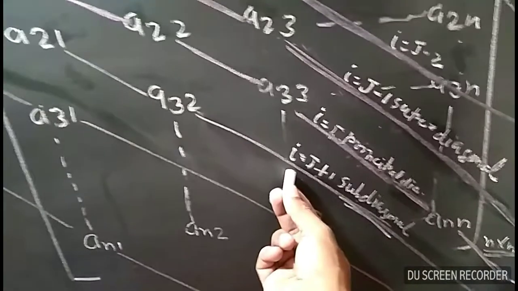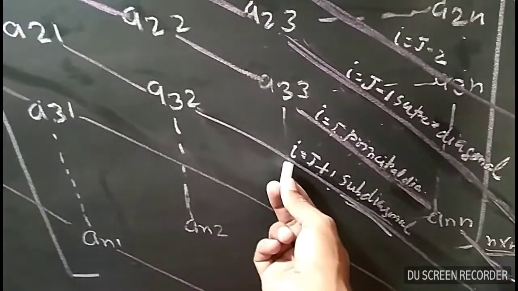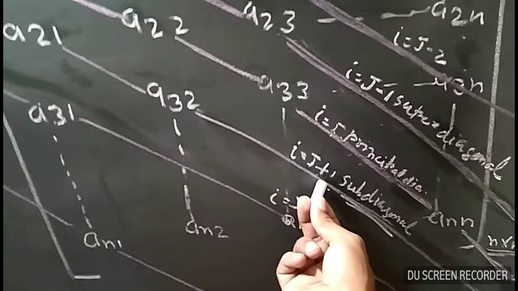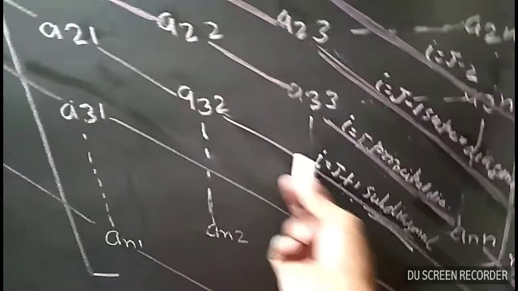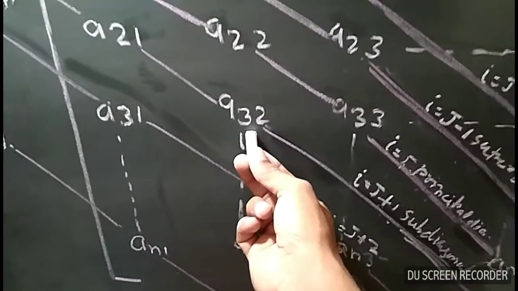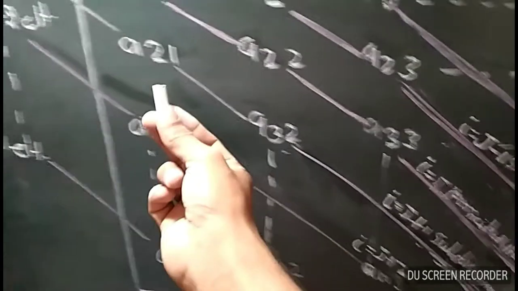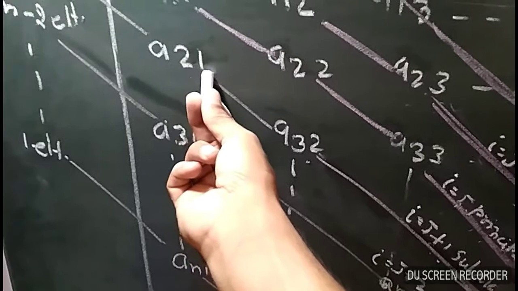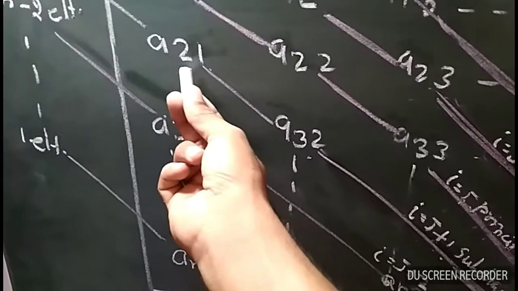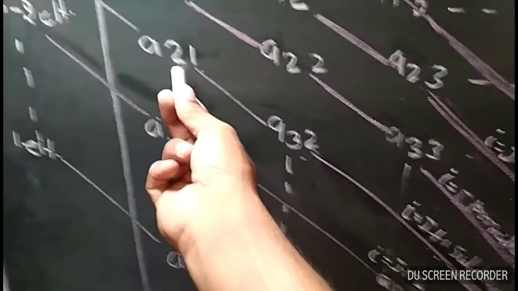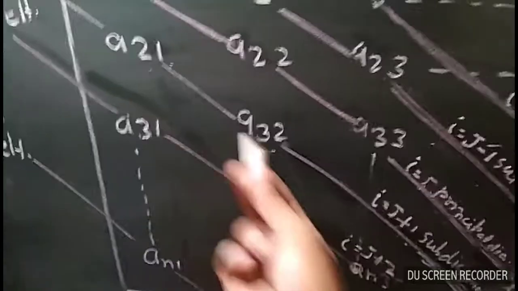Here i equal to j plus 1, that is the row number is 1 greater than the column number, that is if row is 3, column is 2, and row is 2, column is 1.